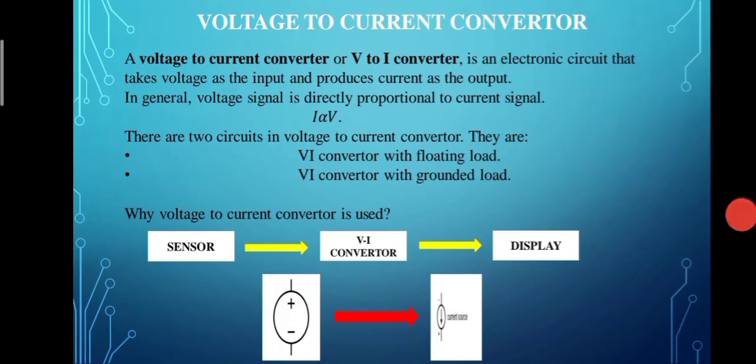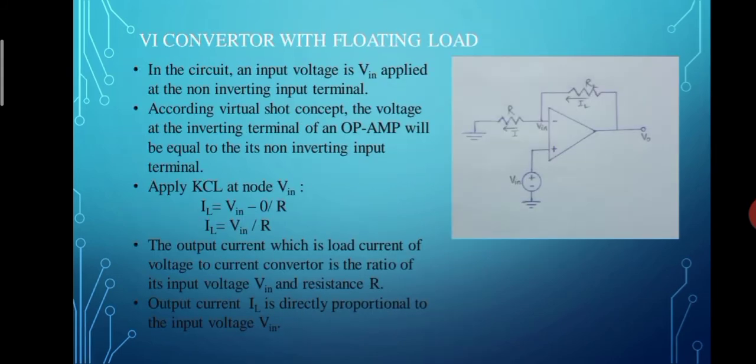There are two circuits for the voltage to current converter, one with a floating load and the other with a grounded load. Here the load RL is connected between the output terminal and the inverting terminal, that is, in the position of the feedback resistance.